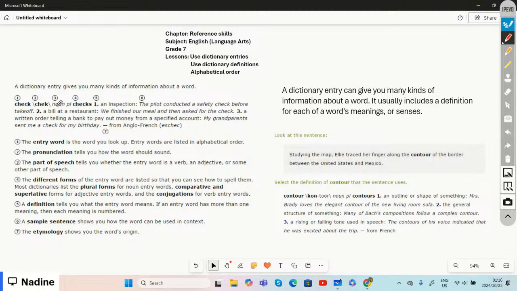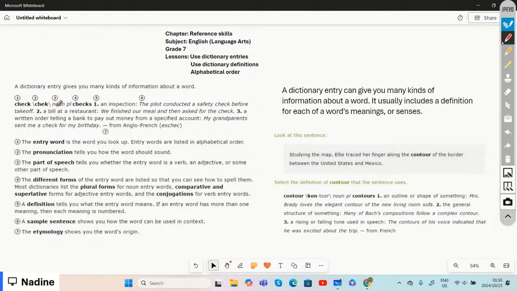All right. So we say that we use dictionary entries. Once again, when it comes to a dictionary entry, it can give you many kinds of information, and it usually includes a definition for each word and its meaning.